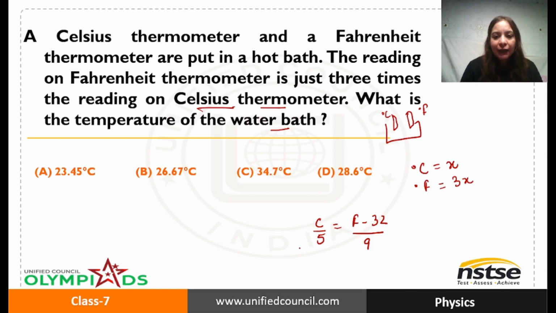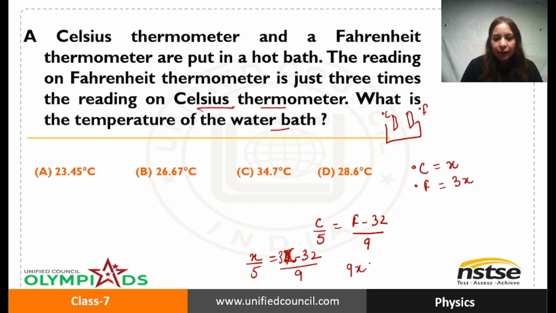Now putting the values here, let C be X: C by 5 is equal to F minus 32 by 9, and F is 3x. Now solve for it.